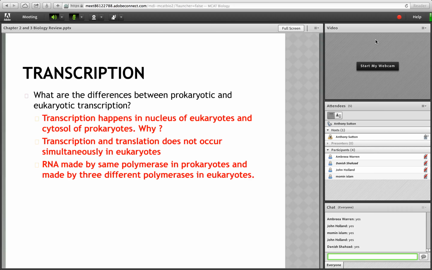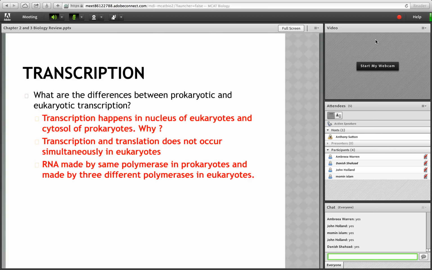In a eukaryote, you have a ribosomal RNA, I'll type this so you can see it, a messenger RNA, and then a transfer RNA.